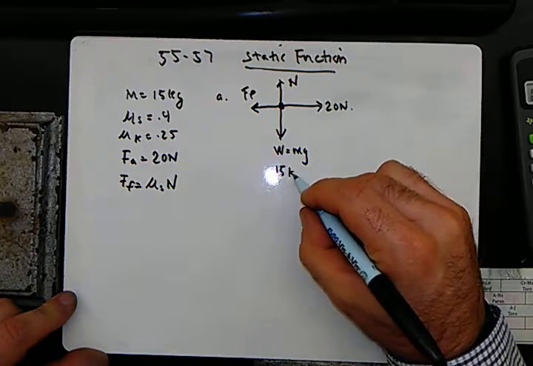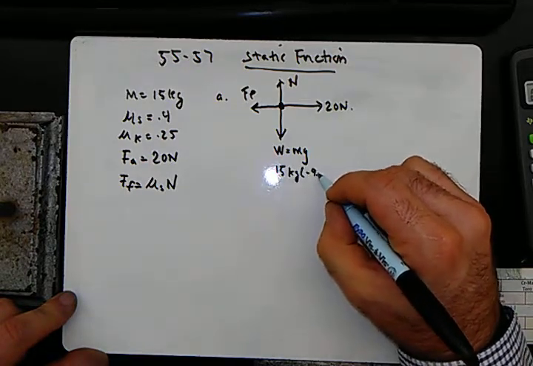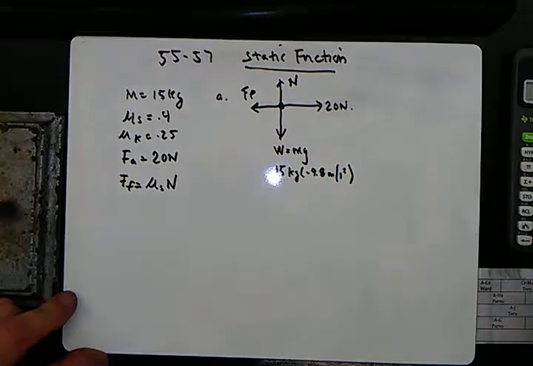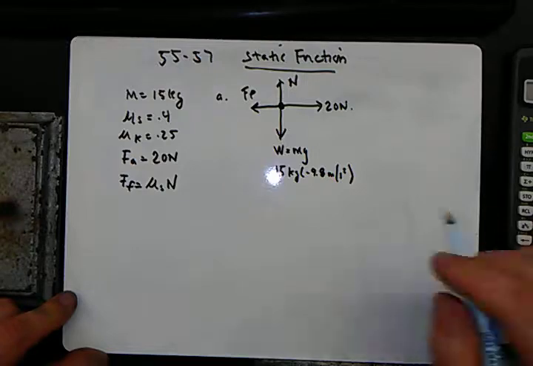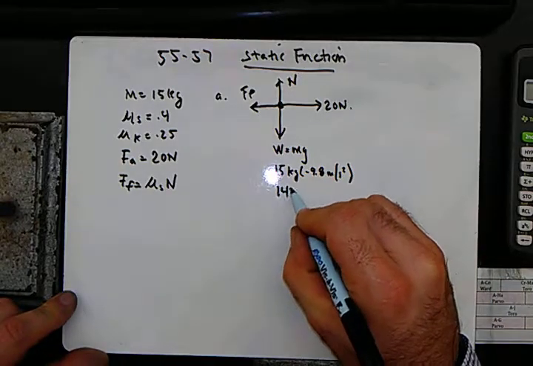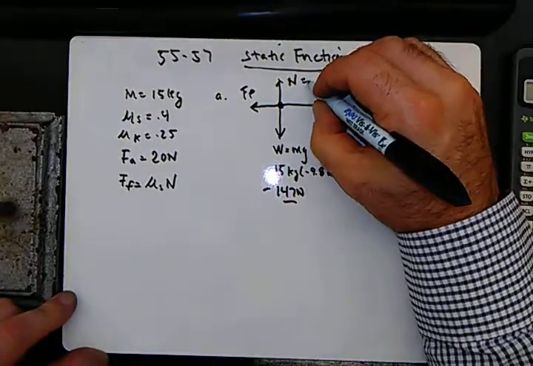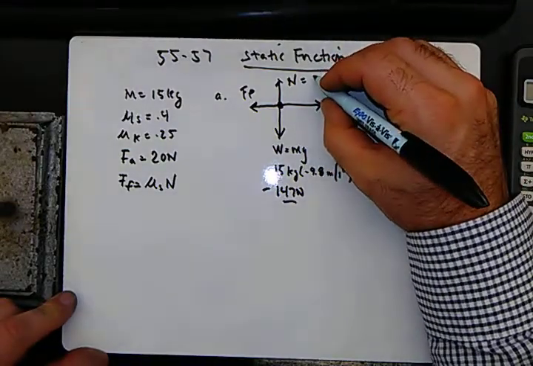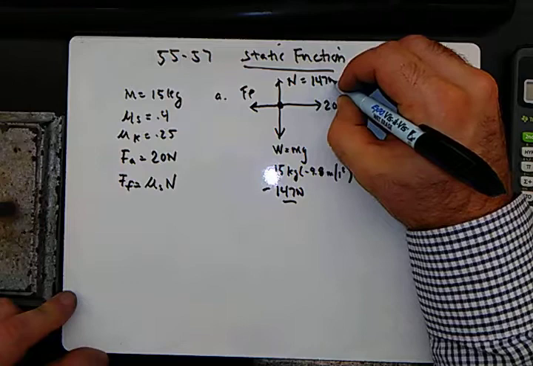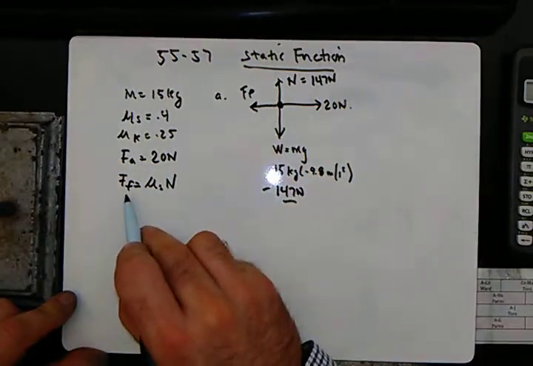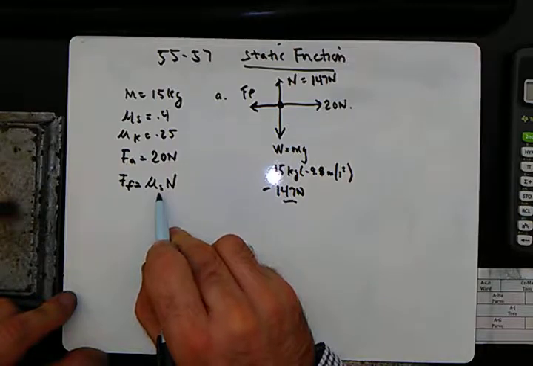It would be 15 kg times negative 9.8. The weight is 147, so the normal force is equivalent to that, but in the opposite direction. That is 147 newtons.